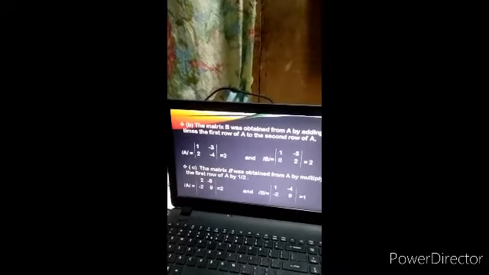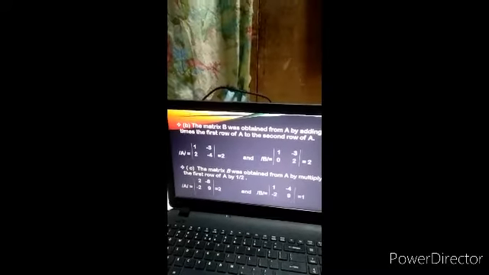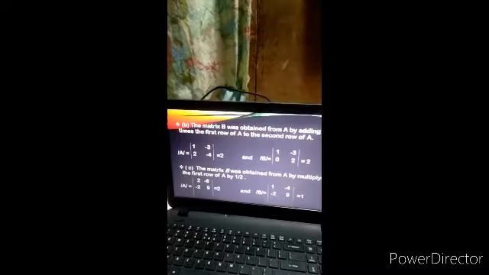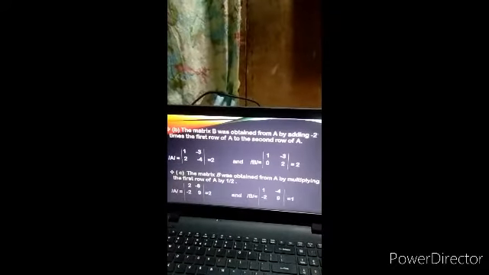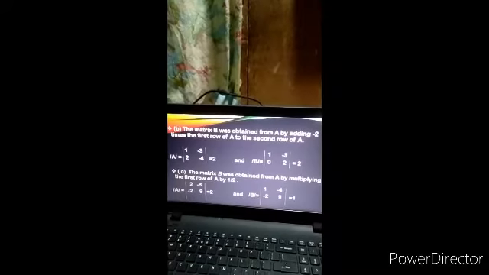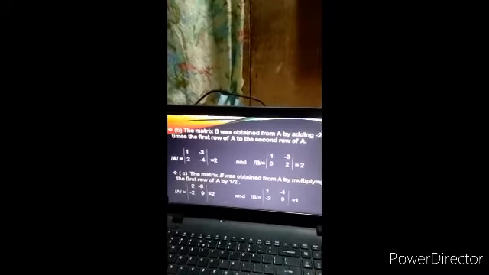Okay, so the same process. 1 times negative 2 equals negative 2, plus 2 equals 0.